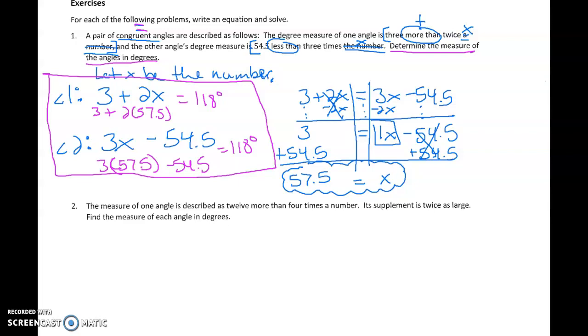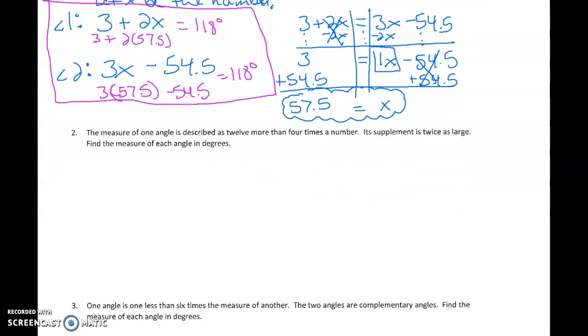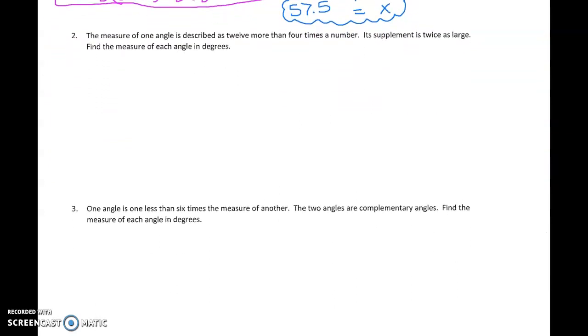All right, let's look at another example. In the last case, we were dealing with them being equal to each other, and that's how we set it up. In this case, it says the measure of one angle is described as 12 more than 4 times a number. Its supplement is twice as large. Okay, what does supplement mean? Supplement means two angles that add to 180 degrees.